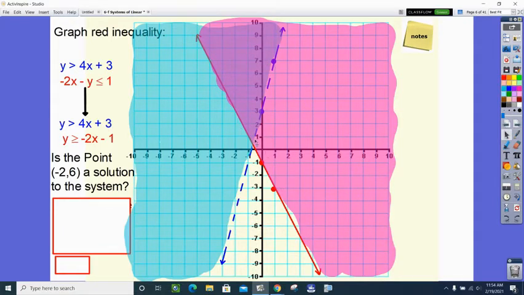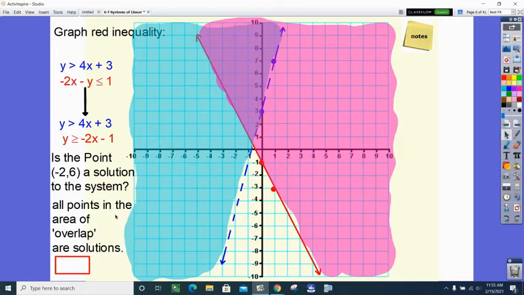Now the question is, where do these two inequalities have the same region shaded? You're going to see it's like this top V. It was shaded blue for the top inequality, and pink for the bottom inequality. So all the points in this V would make both true, and that would be our solution area.